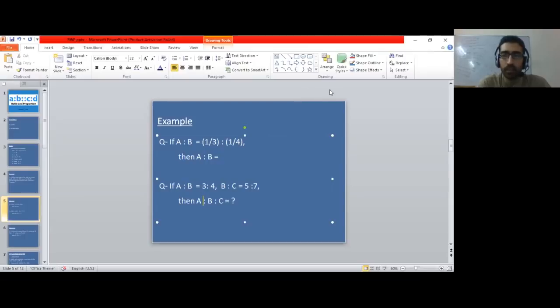Absolutely, 15 to 20 to 28. And I guess you've got a hang of this already, most of you. Since B is common in both, B in the first ratio has 4 parts, and in the second ratio it has 5 parts.